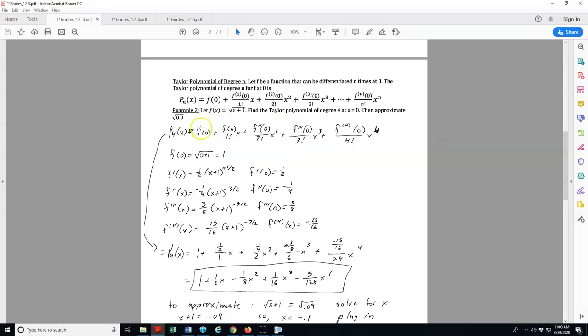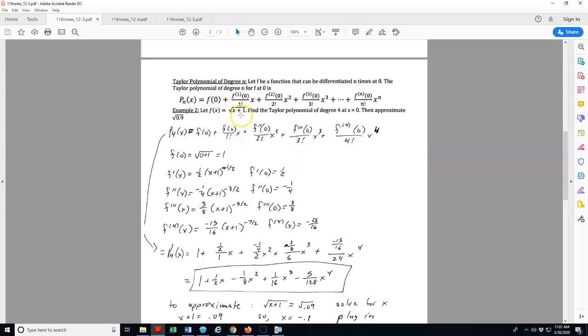So our formula will be f of 0 plus the first derivative at 0 over 1 factorial times x, then the second derivative at 0 over 2 factorial times x squared, plus the third derivative at 0 over 3 factorial times x to the 3rd, plus the fourth derivative at 0 over 4 factorial times x to the 4th.